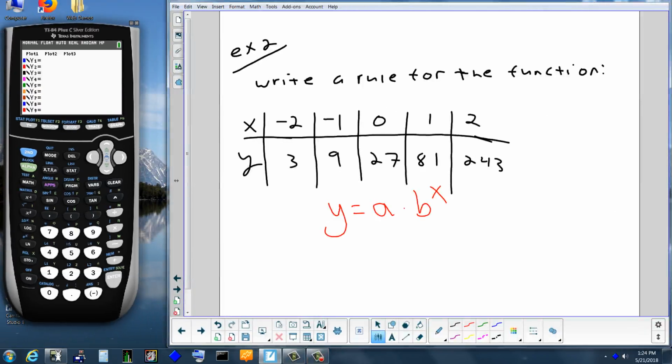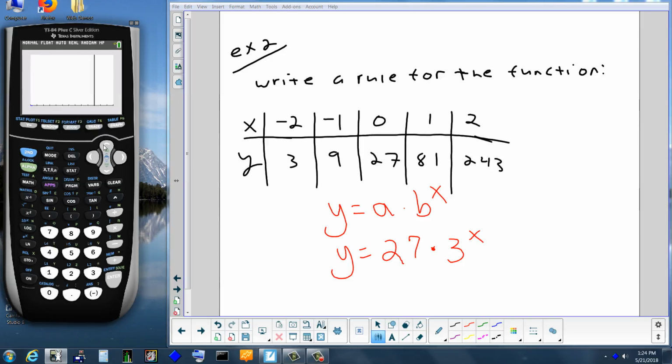As I'm walking around, this is what I saw: y equals 27 times 3 to the x. That's correct. Mr. Fairbanks, I know you just wrote it down.